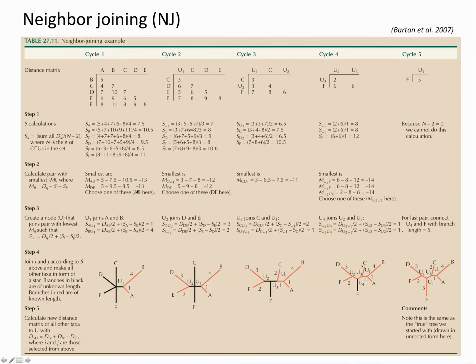When we cluster, we create a new node that in this case we call U, that joins A and B, but in this case the branch length is calculated according to this formula.